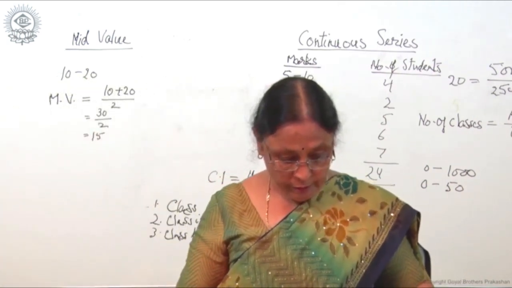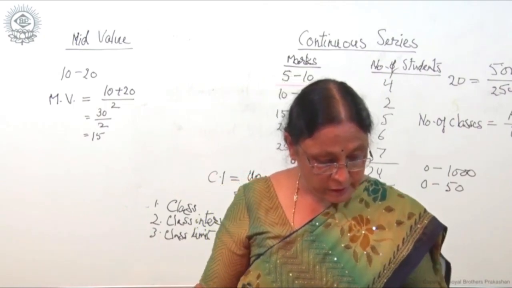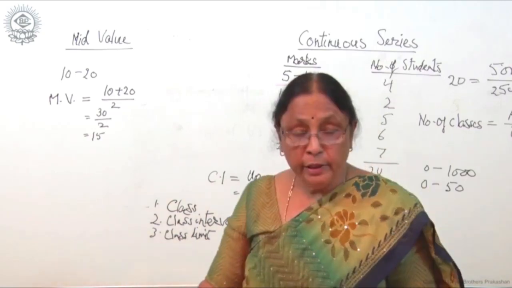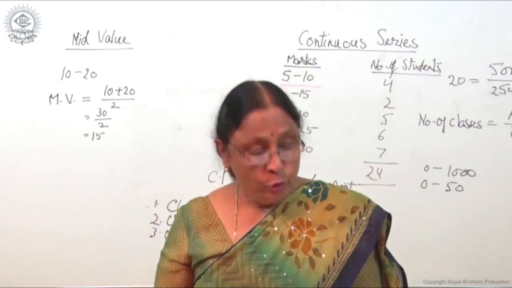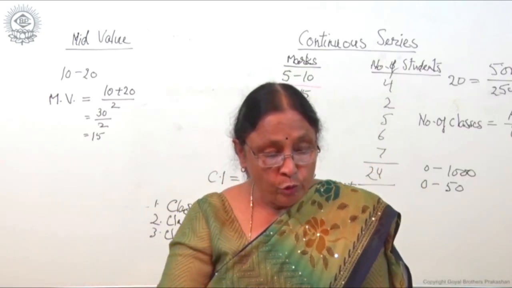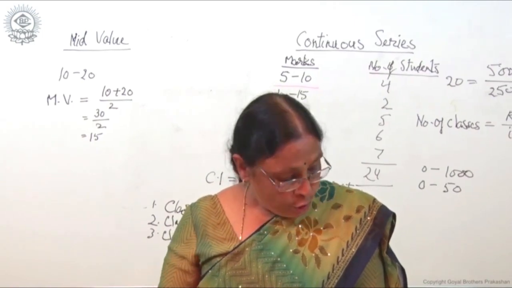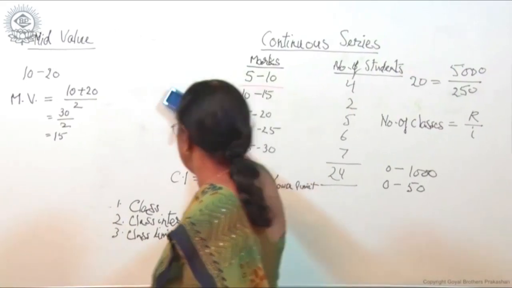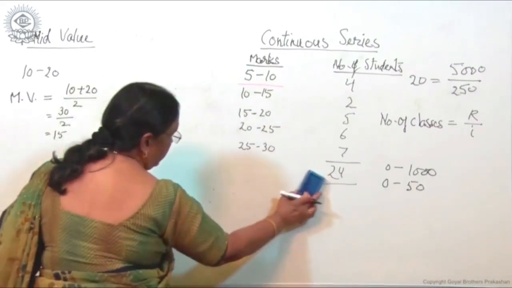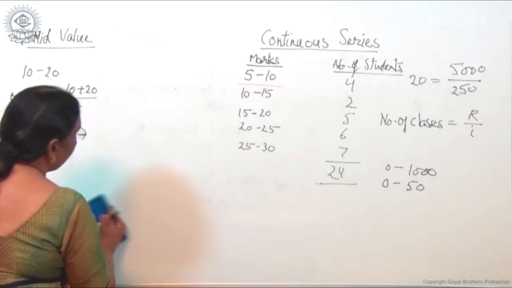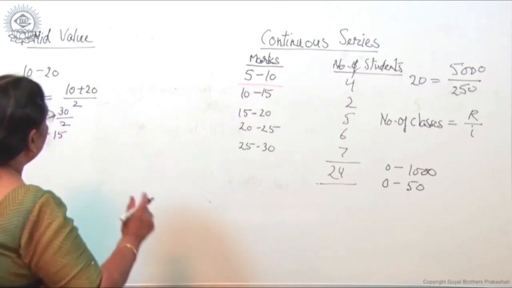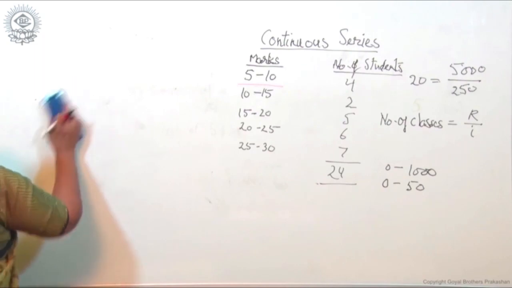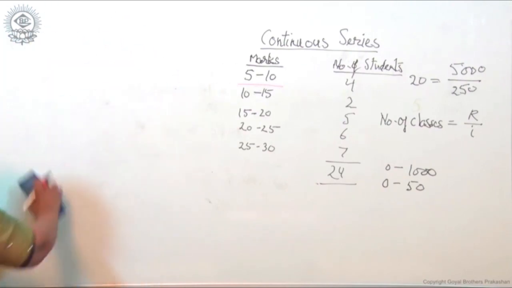Now these class limits we have talked about are determined in two ways: exclusive series and inclusive series. On the basis of their distribution we divide this series into two. Now mid value you have followed. Let us continue with exclusive and inclusive series now.